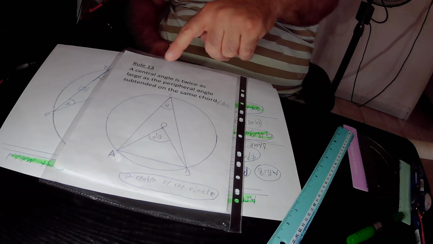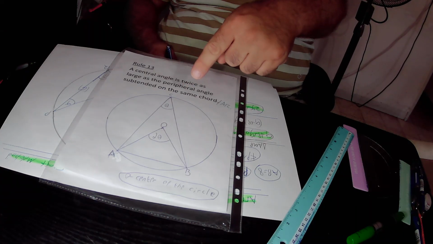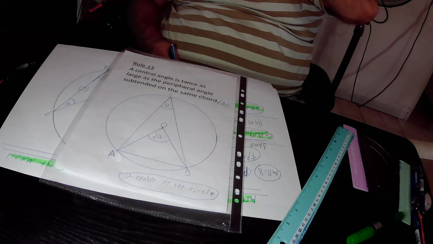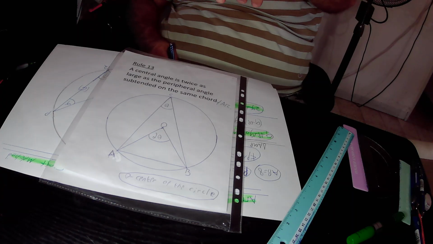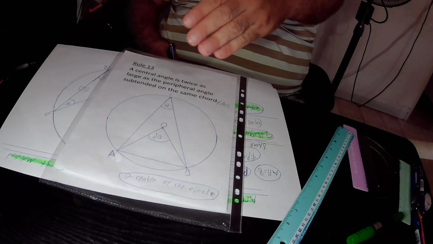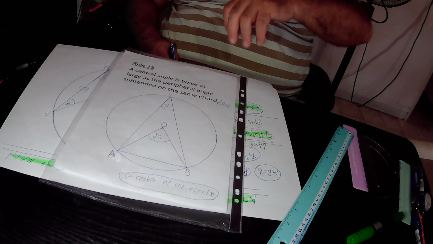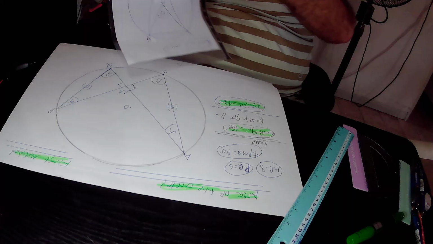So the size of the peripheral angle is theta, and therefore the size of the center angle that subtends on the same arc AKB must be equal to 2 theta. So according to Rule 13, the size of the center angle is twice as big as the size of the peripheral angle that subtends on the same chord or arc. Okay, so we can implement Rule 13 in our drawing.